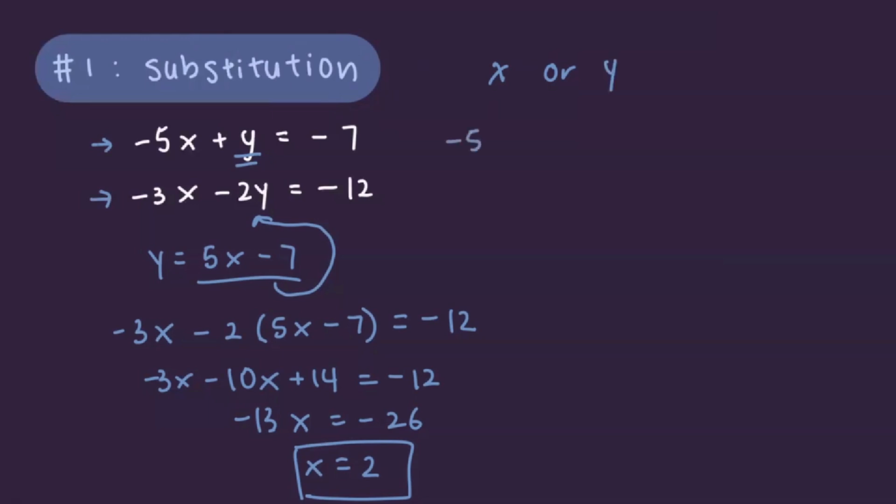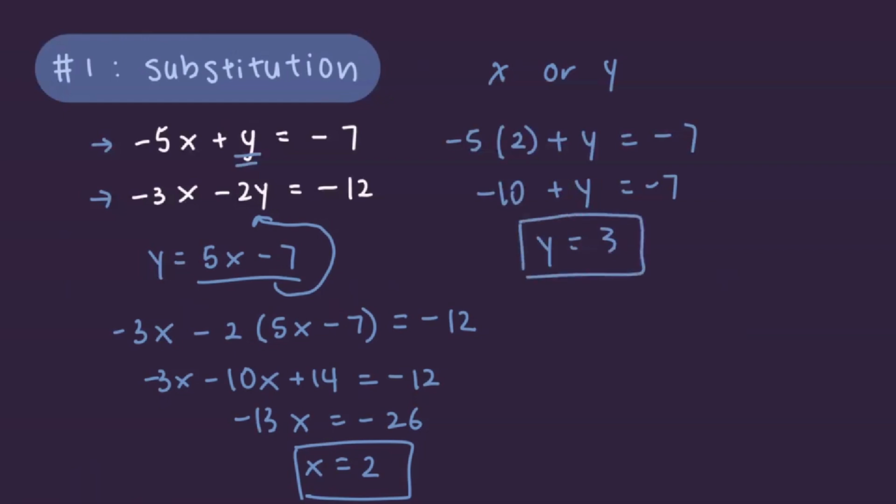So negative 5 times 2 plus y equals negative 7, negative 10 plus y equals negative 7, and y will equal 3. So the solution of this system is x equals 2 and y equals 3, which can also be denoted as (2, 3).